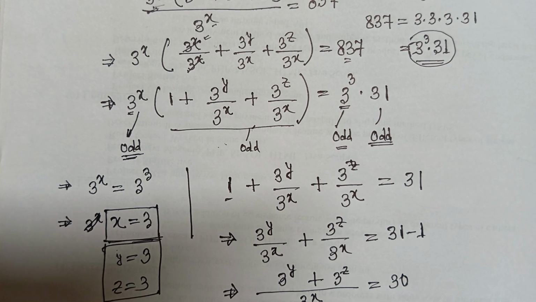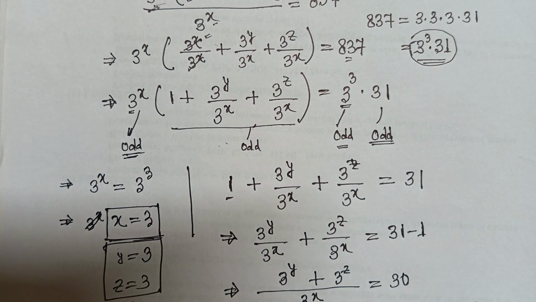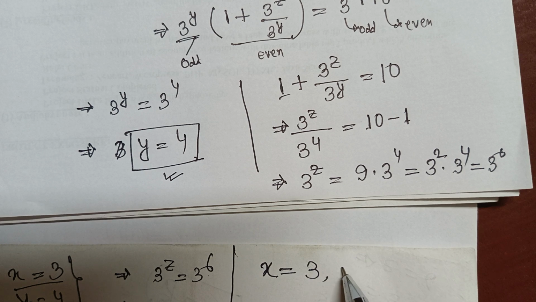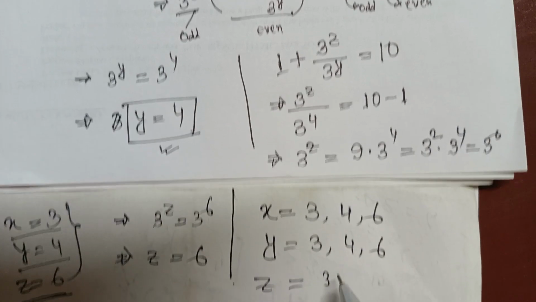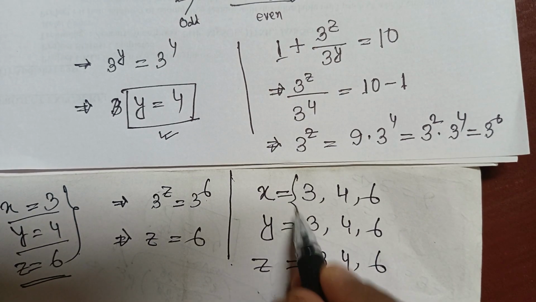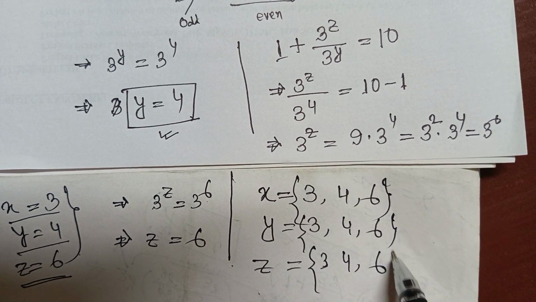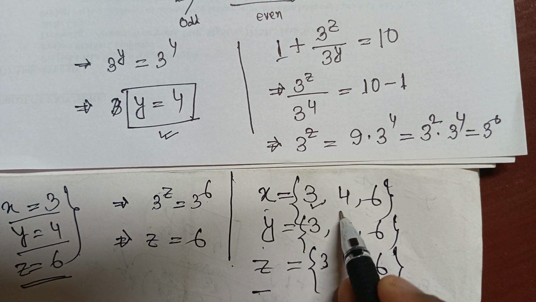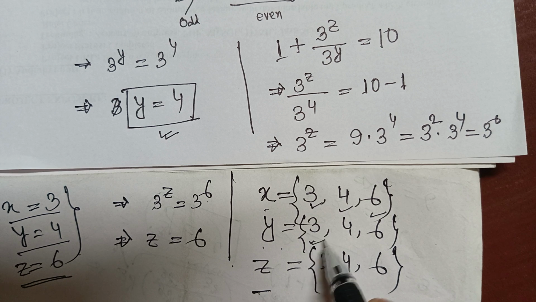So in that way we may get the value of x as 3 or 4 or 6, y may be 3 or 4 or 6, and z may be 3 or 4 or 6. So here we got the possible values of x, y and z. The possible values of x should be 3 or 4 or 6, y should be 3 or 4 or 6, and z should be 3 or 4 or 6.